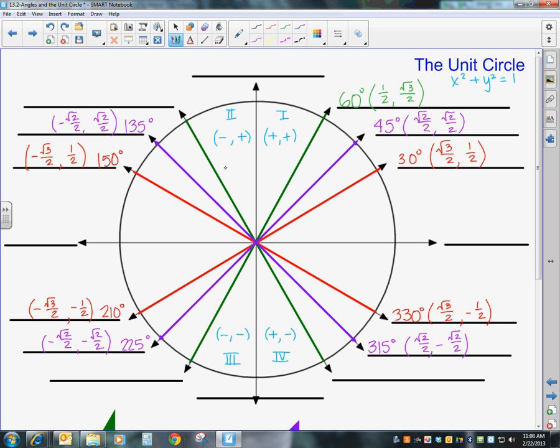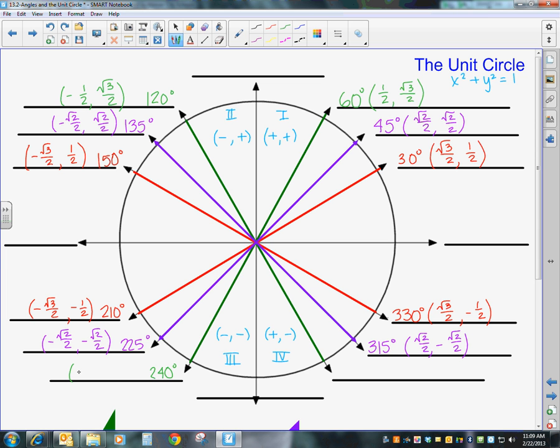Okay? Into this next quadrant, 60 degrees before 180 is 120 degrees. My x is negative, and my y is positive. Going down to the third quadrant, 60 degrees after 180 is 240.